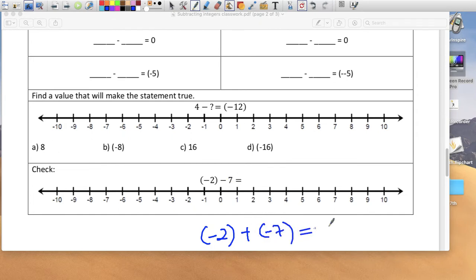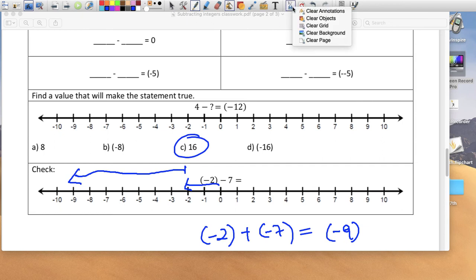Negative and negative. So it's negative 9. And this one, the answer is, might as well give it to you, 16. So substitute. Hopefully you did. And check your answer. And that's it.